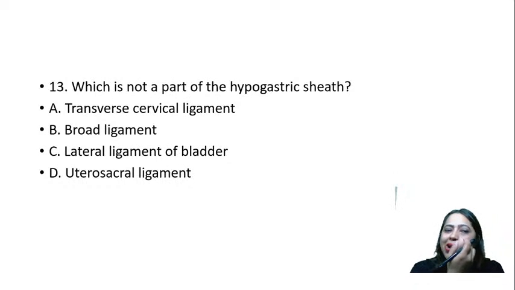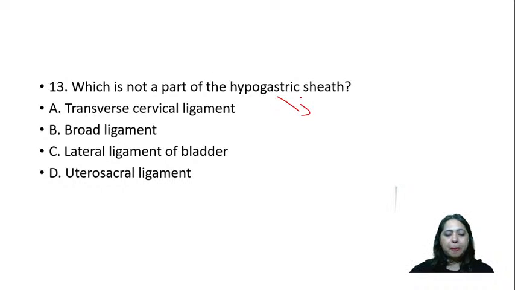What is this hypogastric sheath, first of all?